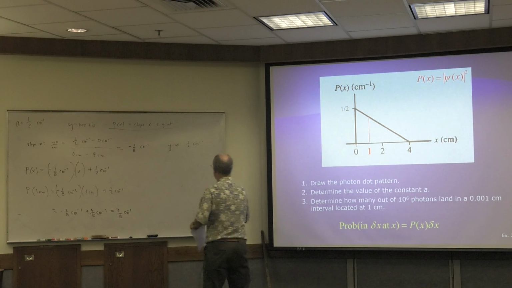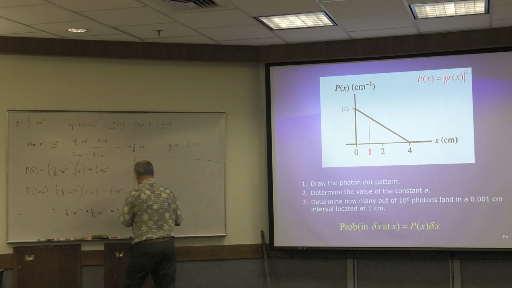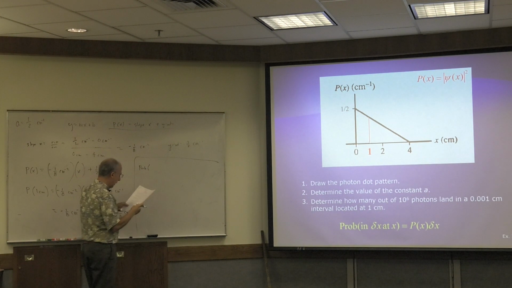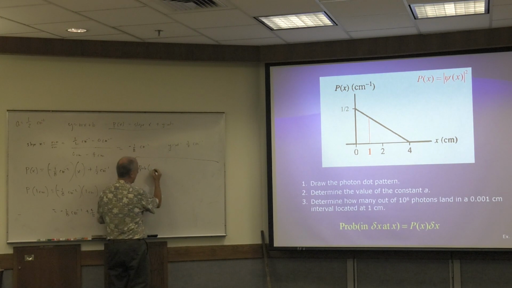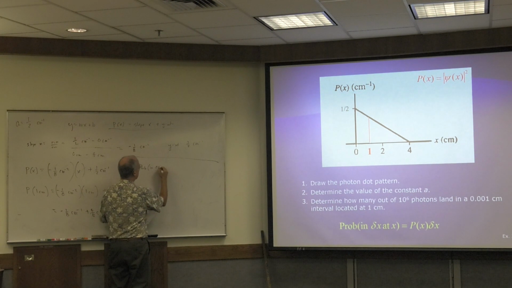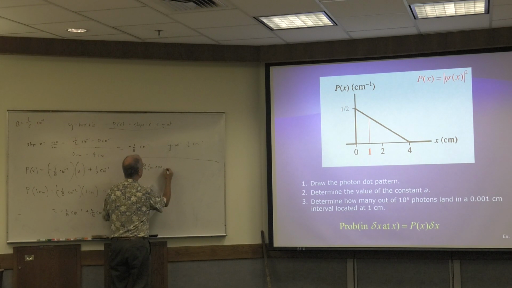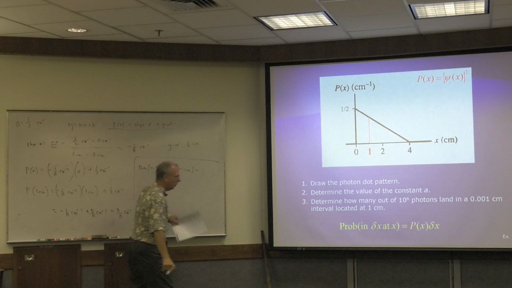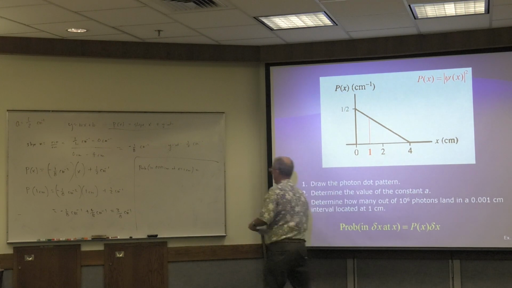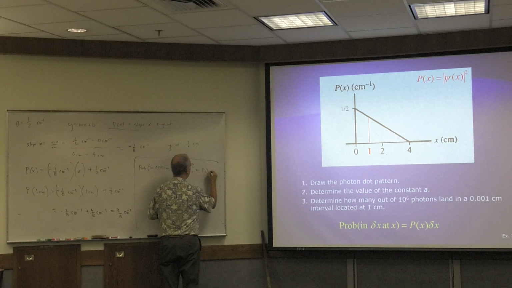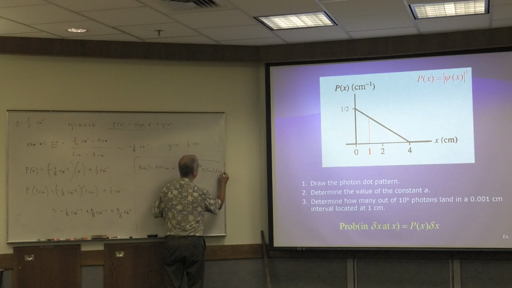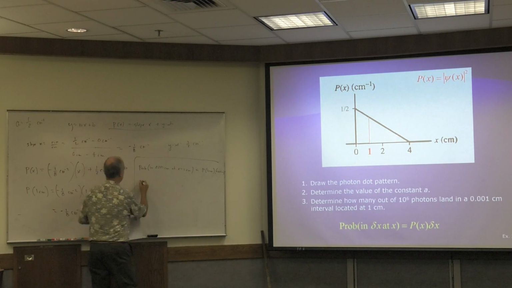So now the probability that the thing is in a width of 0.001 centimeter at x equals 1 centimeter is equal to p at 1 centimeter times that width, 0.001 centimeter.